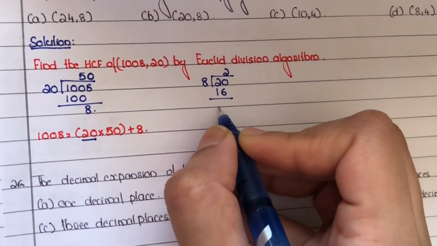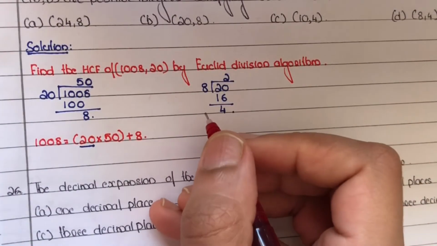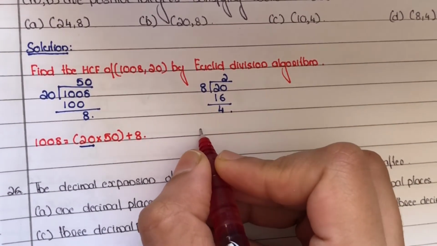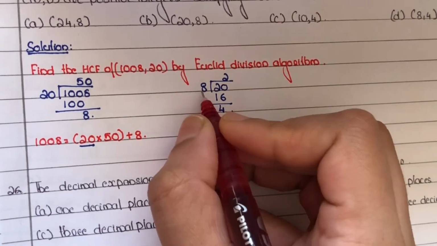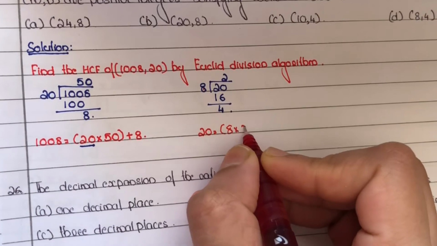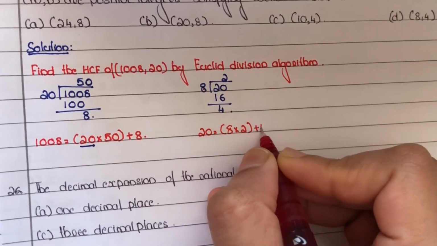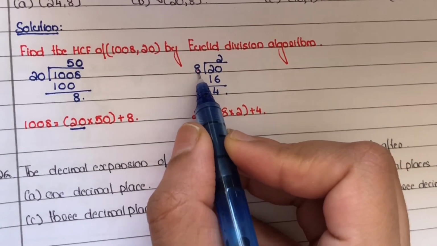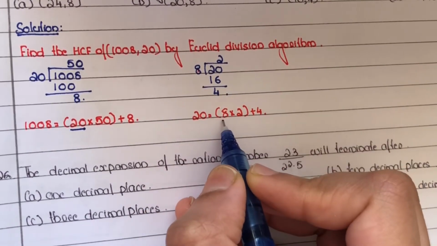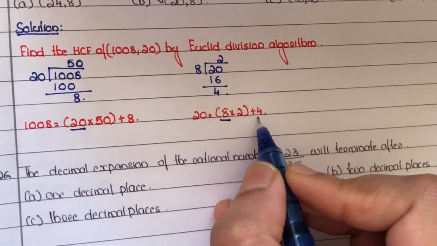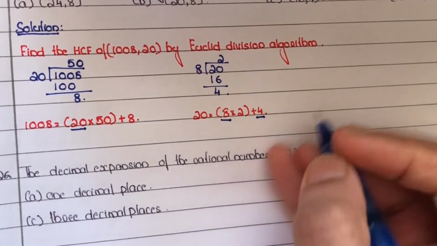16, remainder 4. Now again apply Euclid division lemma. Dividend 20 is equal to divisor 8 into quotient 2 plus 4. Here divisor is 8, right? So consider 8 as new dividend and remainder 4 as new divisor.